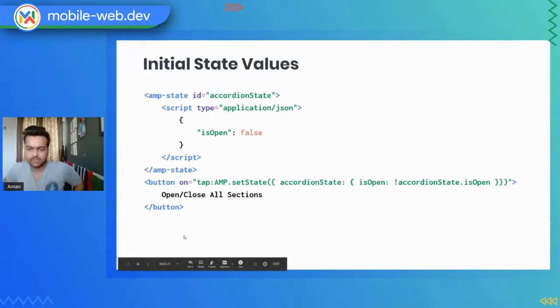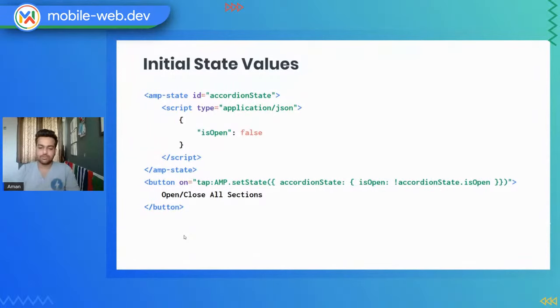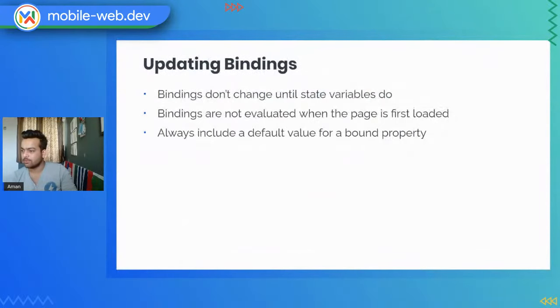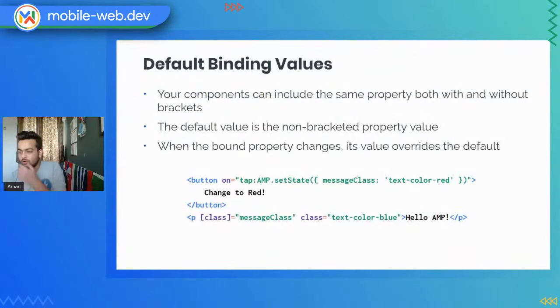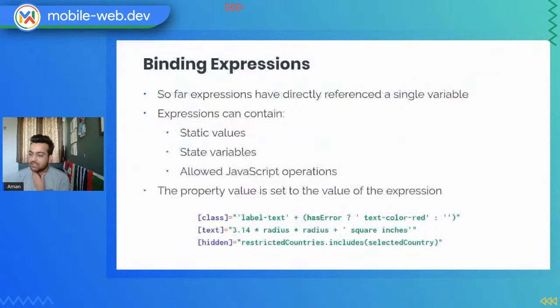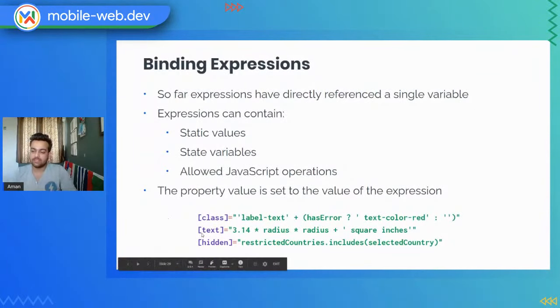Hello guys. I think I lost the connection for a while. So this was a classic example of how you can use the state and bind example. Let's look into a couple more examples of what you can do. One thing we see is that we can manipulate the class. Then you can also manipulate the text that we saw in the last example, how we were changing the paragraph text to create that effect.